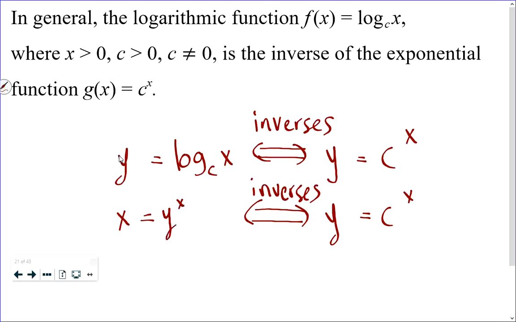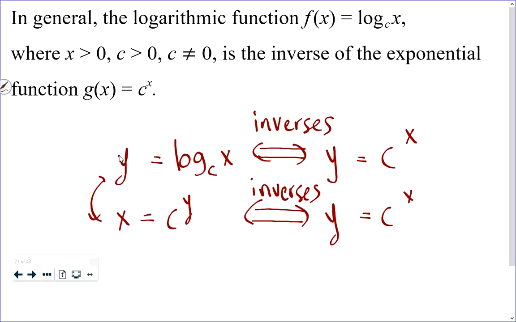Correct? How do you rearrange that equation that I've just written, x equals c to the y, for y? You write it as y equals log base c of x. There's a lot going on here. You will get used to it, but it's going to take a lot of thought and practice.